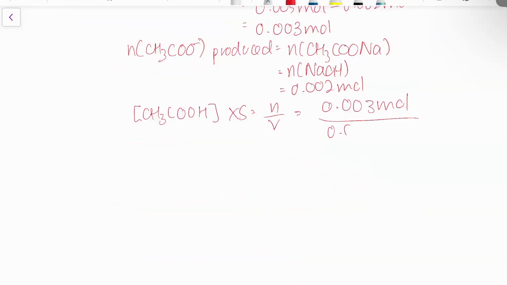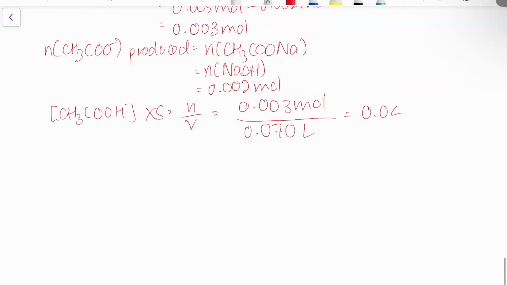So that's going to be 0.070 liters. So what's our concentration? 0.04, and so on.